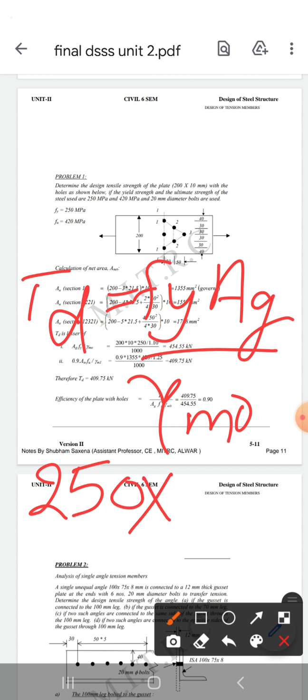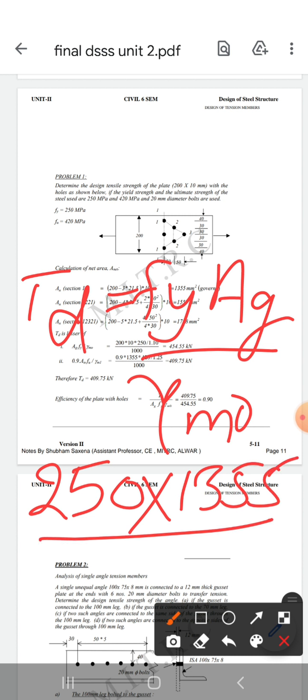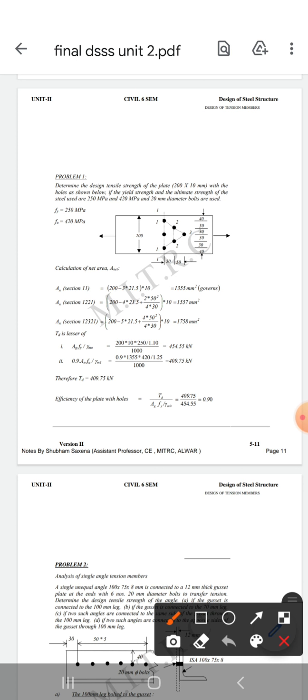Ag value is given as 1355, which we have calculated just now, divided by 1.1. Actually we have used here the net area, which is wrong. So we have to see it again.